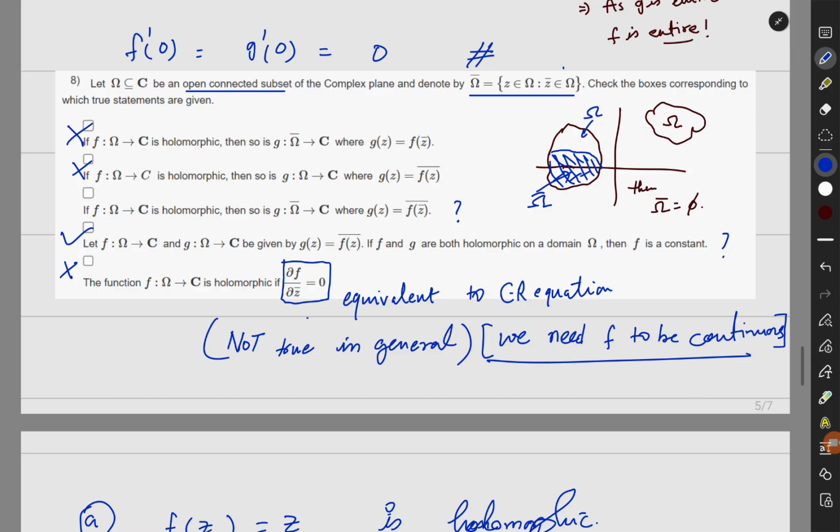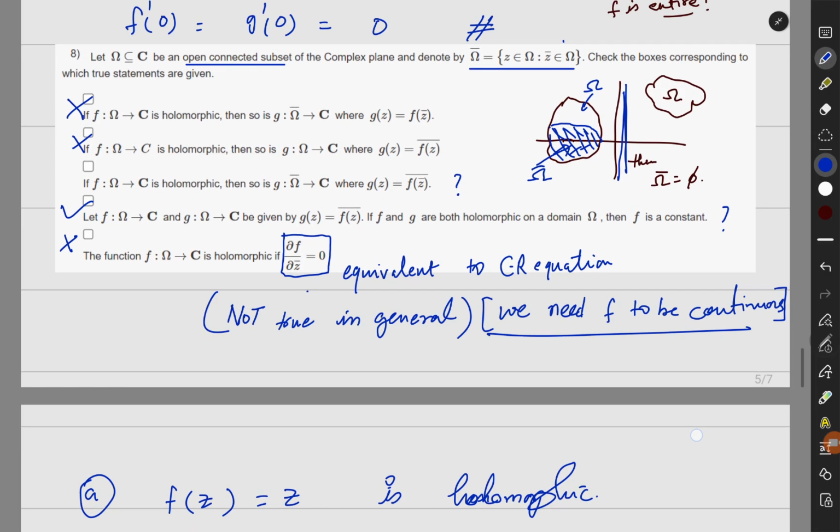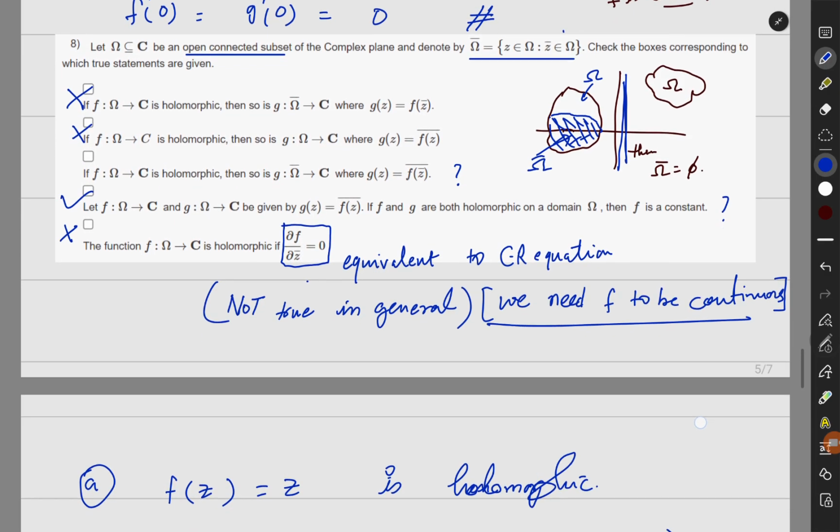This is from continuity of the conjugation map. So this way we get an open subset of omega, so there are two pictures, one on the left, another on the right. You understand, I think. So now coming to the problem.